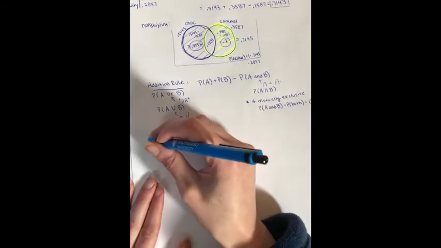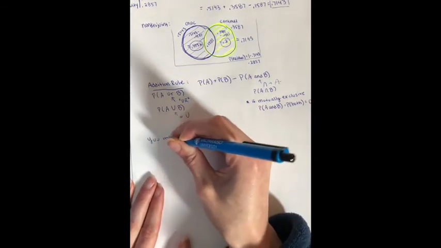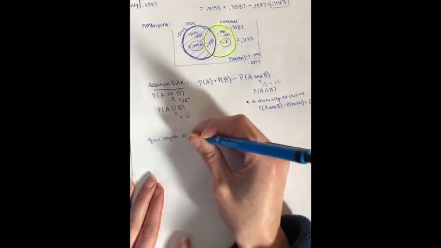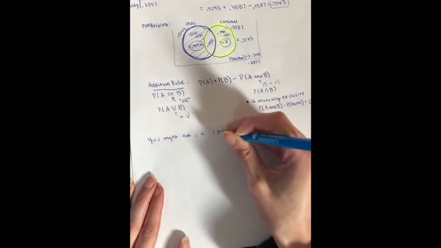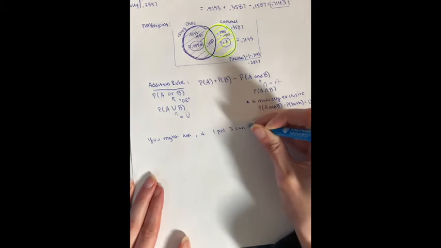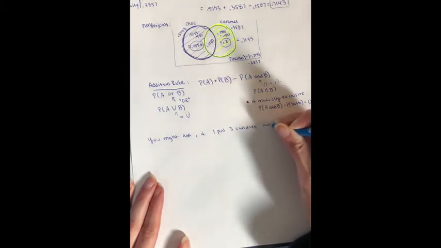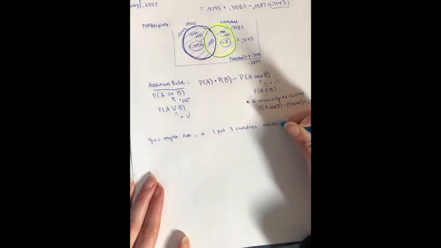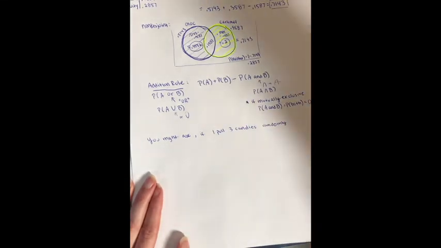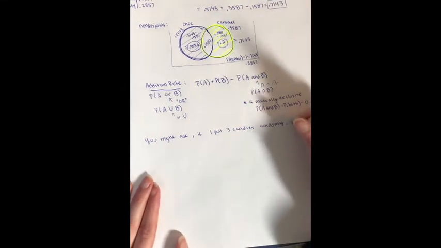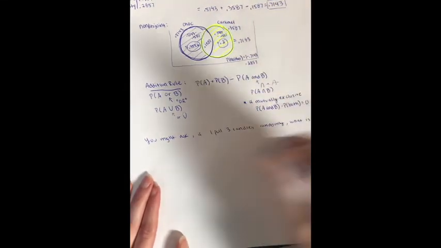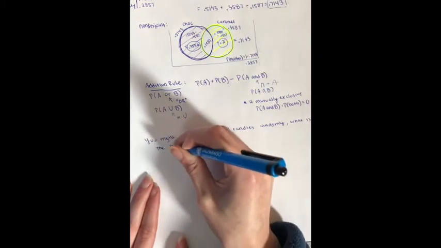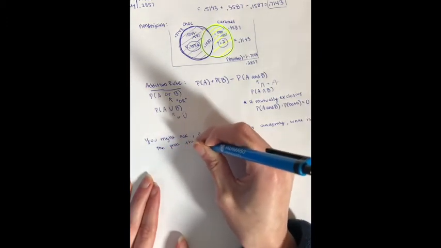So you might ask yourself, if I pull 3 candies randomly, so I'm not looking, I'm just going to grab them randomly, what is the probability they are all kisses?